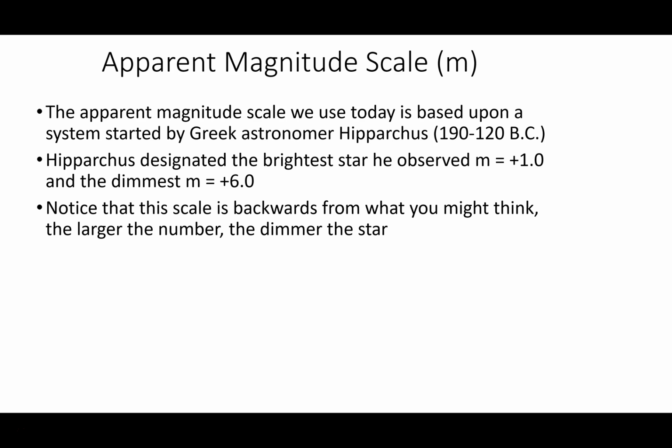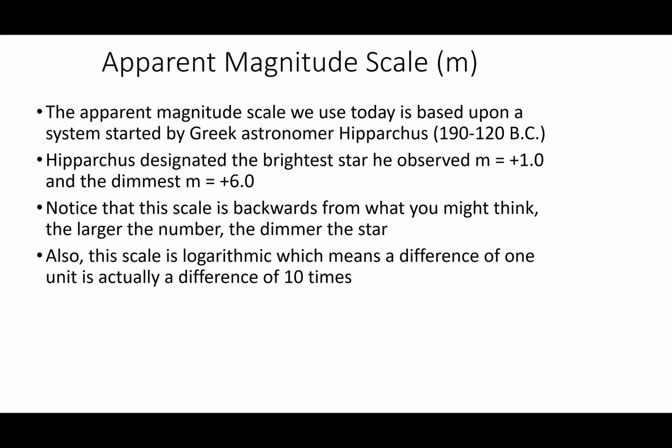Totally. So there was a scale developed a long time ago. I call that a long time ago. And it said that basically the brightest star these folks saw, they called it +1, and the dimmest star these folks saw, they called it +6. And we kept that scale. We call these magnitudes, like a +6 magnitude, a 0 magnitude, a -6 magnitude.